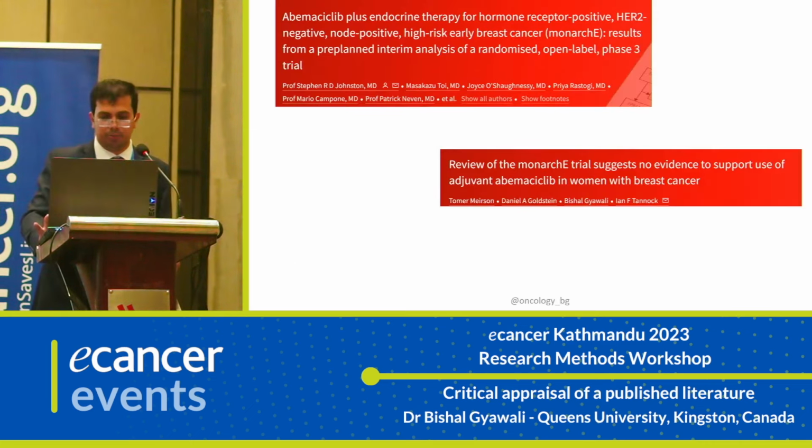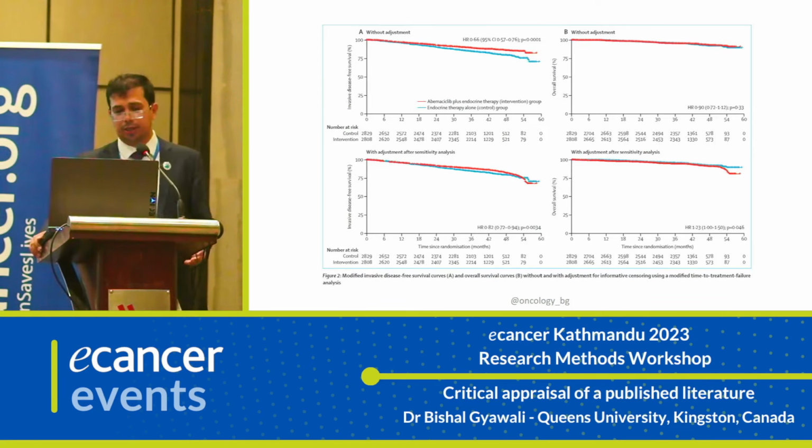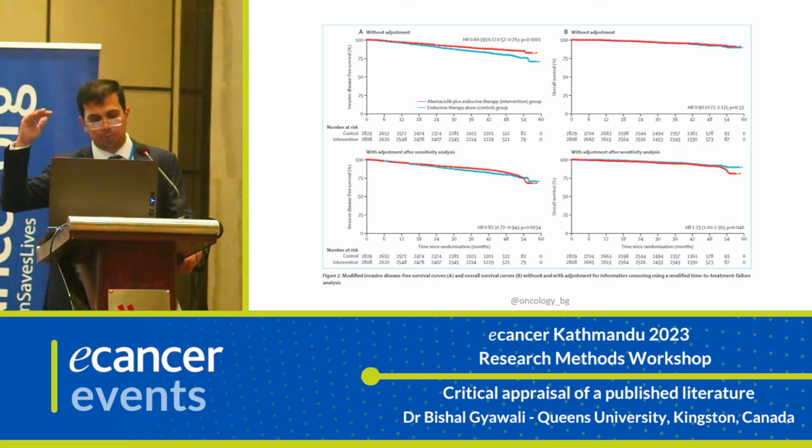Again, if you want to read in detail about this, I encourage you to read this second paper that I have put here, which is based on the interpretation of the first paper. So you should be reading both these papers. What we show in this article are these Kaplan-Meier graphs. In the top row you can see the results without adjustment, one for DFS, the other for overall survival.